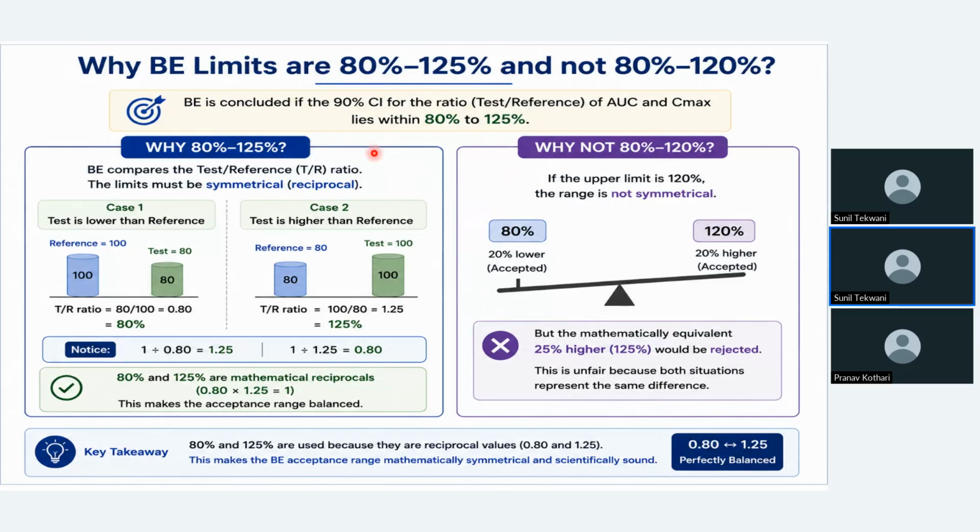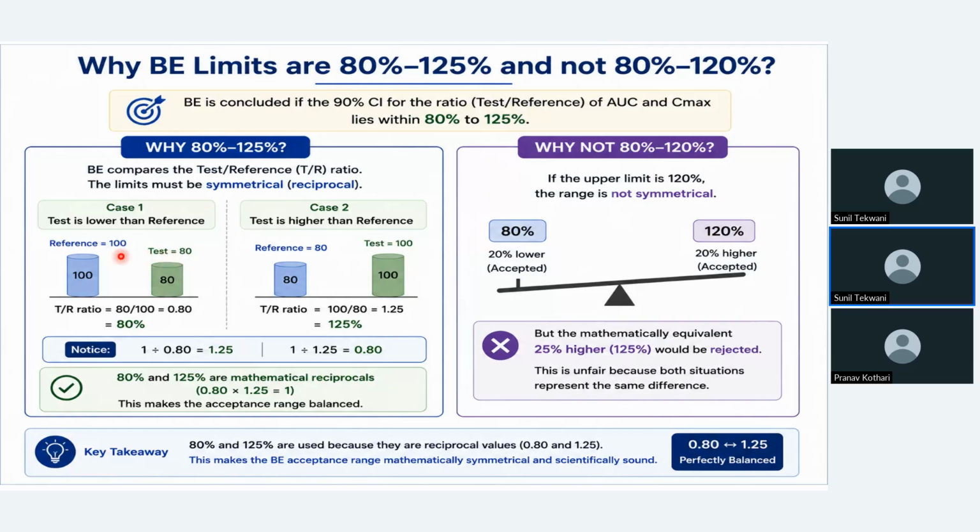Actually, the calculation of Cmax and AUC is the ratio between test and reference product. Suppose the test product gives a Cmax of 80 units and the reference product's Cmax was 100 units. Then this 20% difference is not calculated.